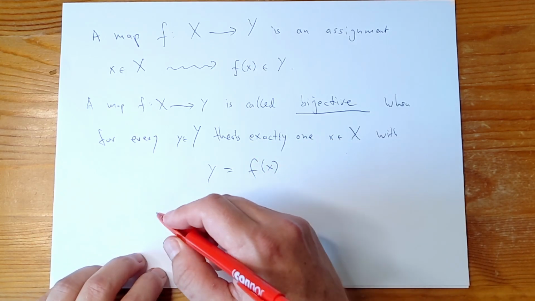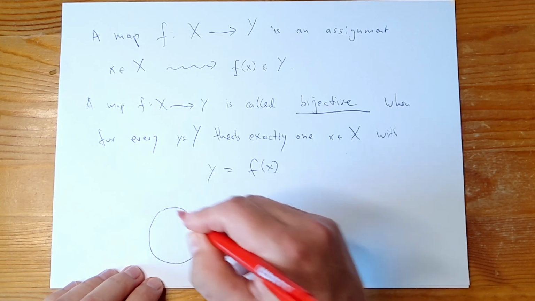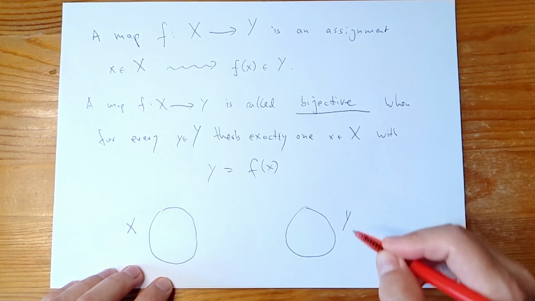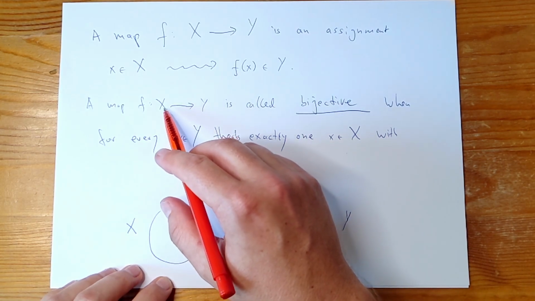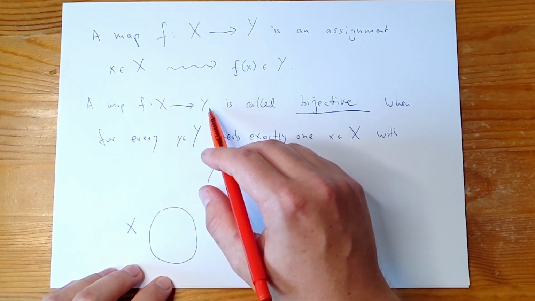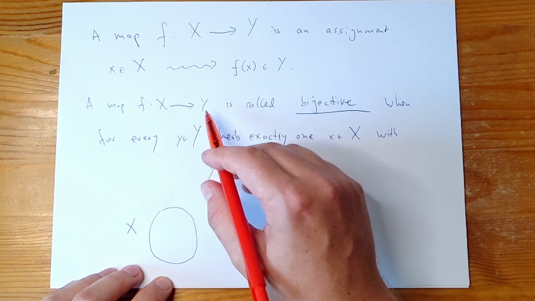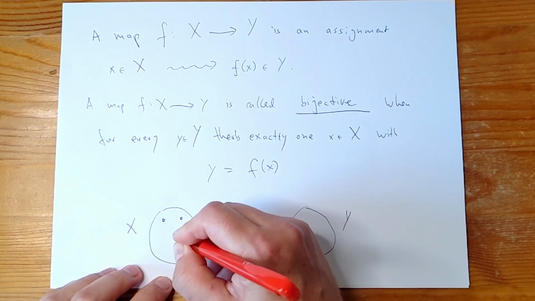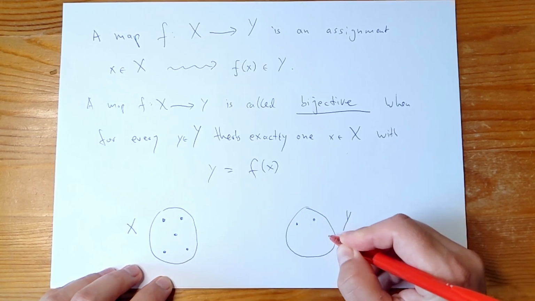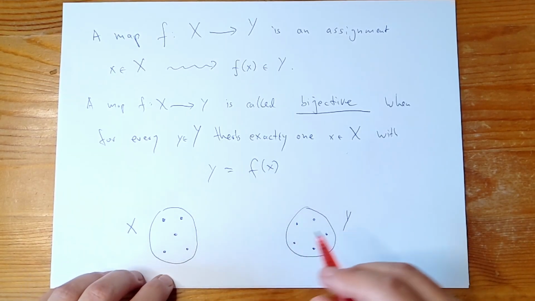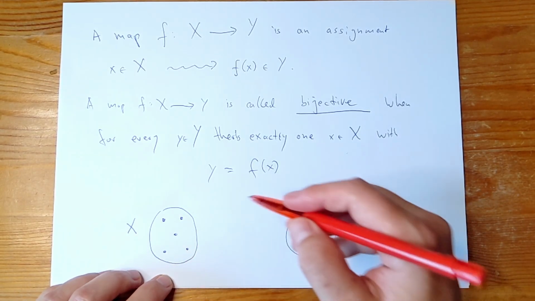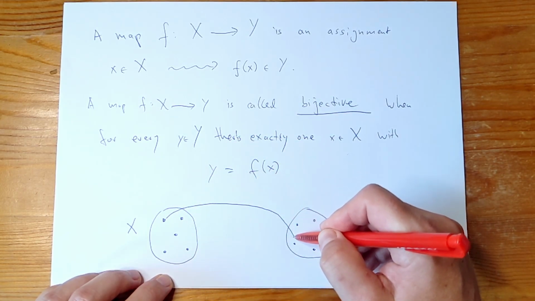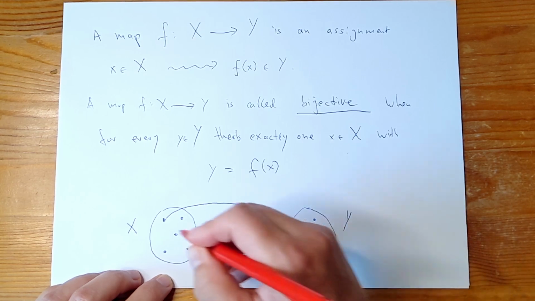And how you can envision this, so let's say we have here two bags representing our two sets. As a matter of fact, if there's a bijective mapping between these two sets, they have the same number of elements. So let's draw 5 elements as dots here in some way into these sets. And a bijective mapping is just a way of rearranging the elements. So let's say this element is mapped to this one here.